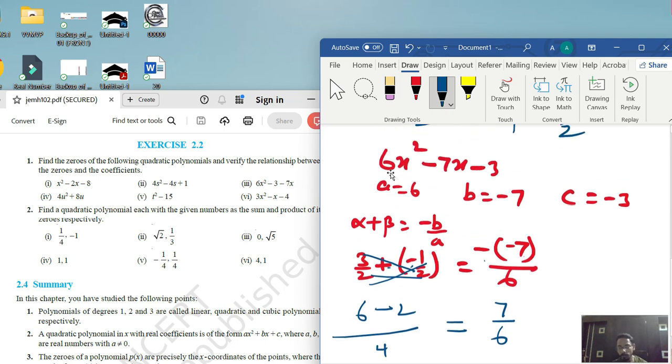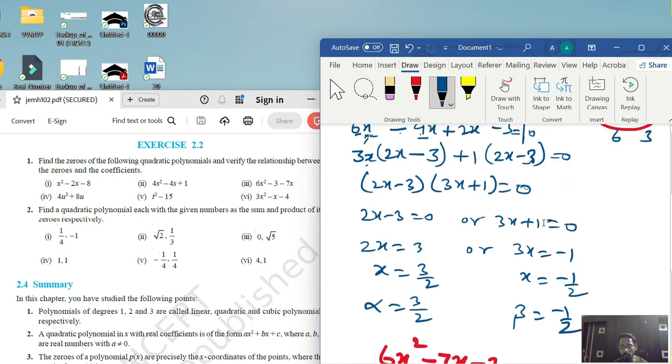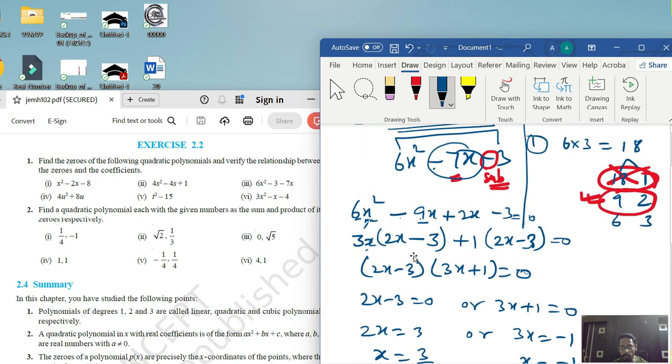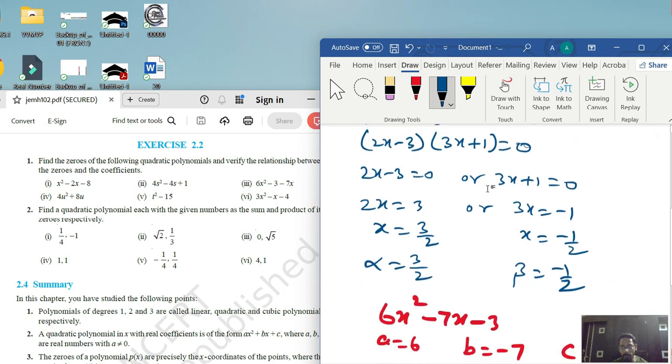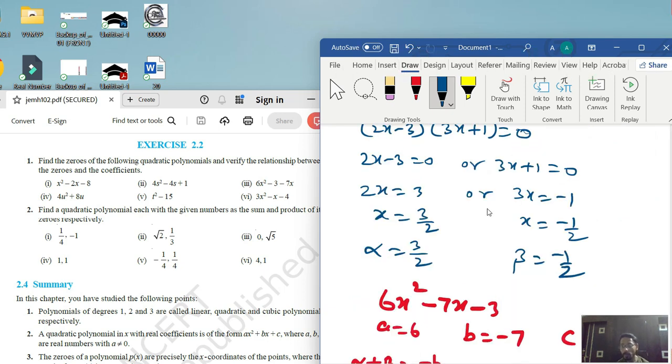Okay, what we got here? 3 by 2 and minus 1 by 2. Let me check it once. Okay, 6x square minus 7x minus 3. One of the mistakes is here, it will be 3.